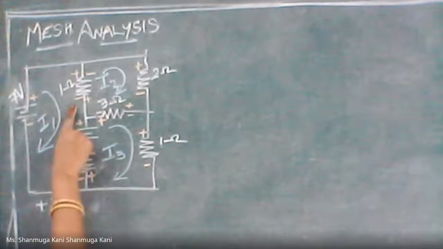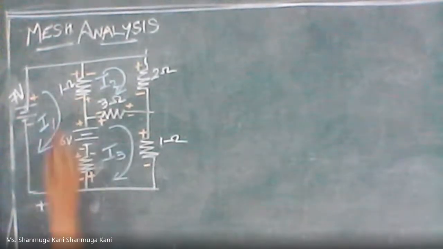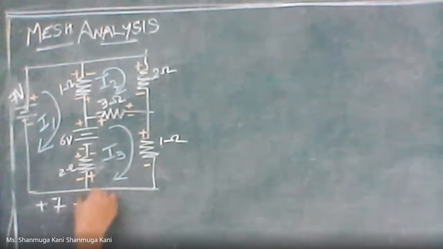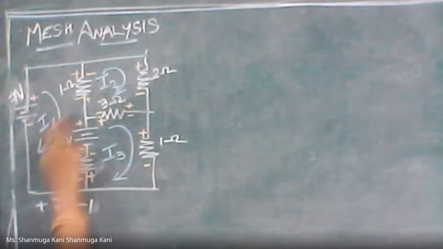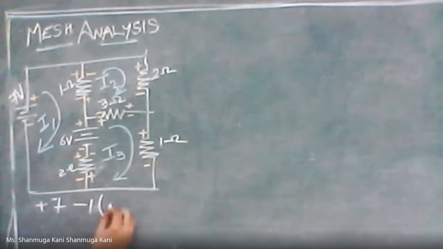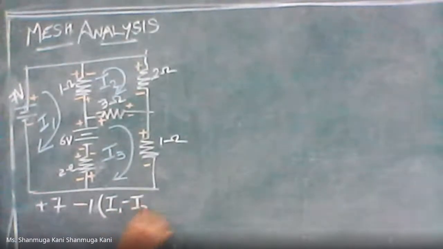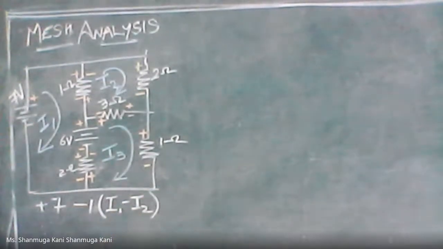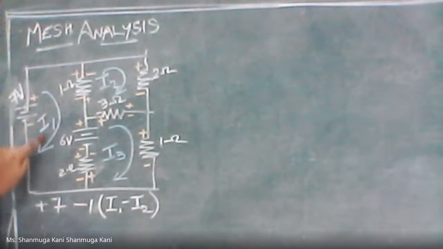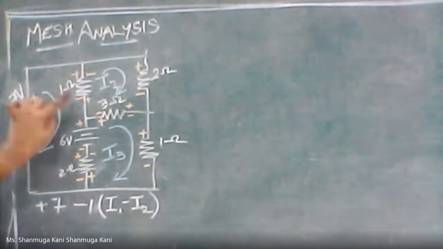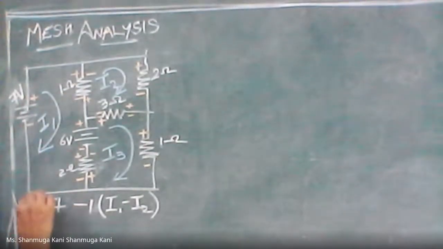And then our 1 ohm resistor has a leaving sign, so minus 1 into, and this 1 ohm resistor is common to both loop 1 and loop 2, so you have to write it as I1 minus I2.